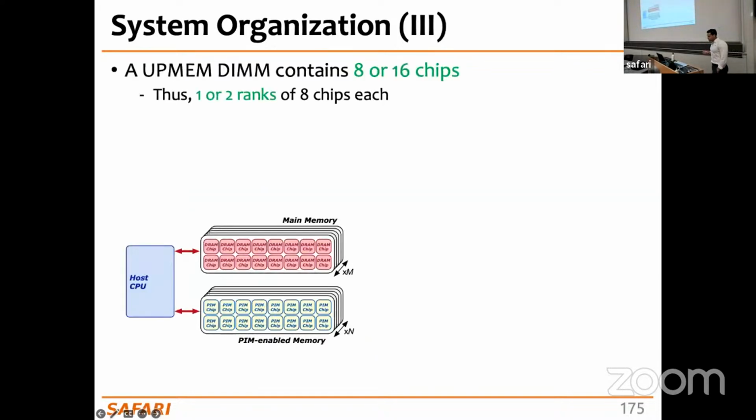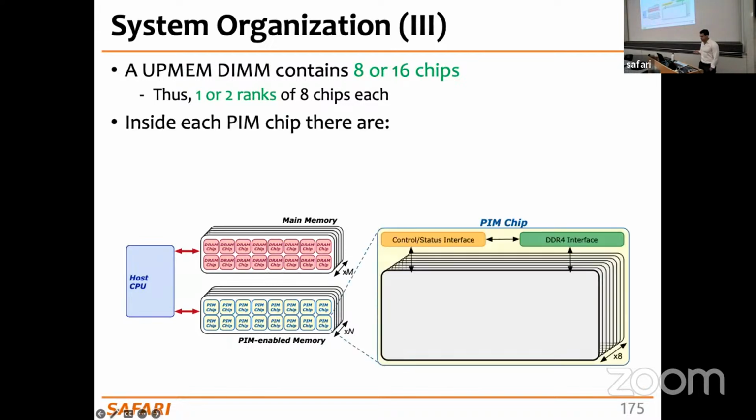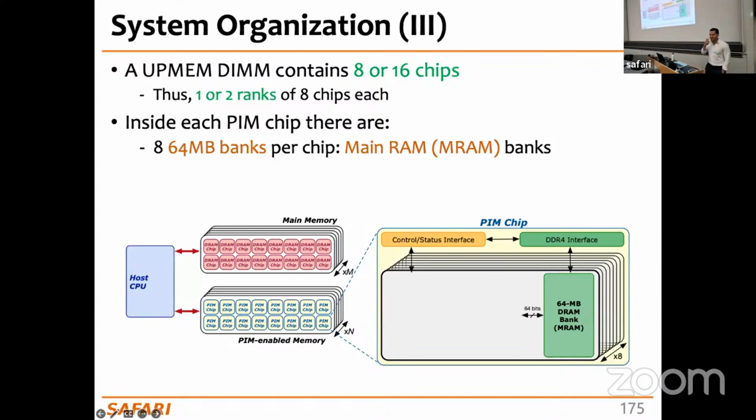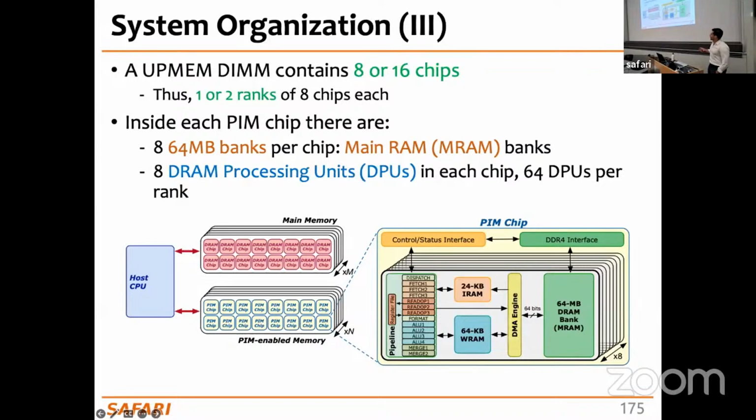So a single UPMEM DIMM contains 8 or 16 PIM chips, and this depends on how many ranks are per DIMM, so it's going to be either 1 or 2 ranks. Inside each processing-in-memory chip, you have 8 64-megabyte DRAM banks, called MRAM, so it's memory RAM, and 8 of what they call DPUs, DRAM processing units, which are the cores used for computation.